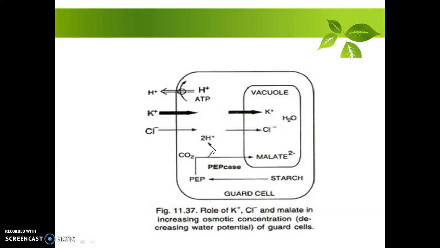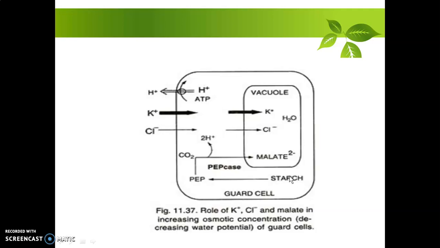This figure shows the role of potassium chloride and malate in increasing the osmotic concentration of the guard cell, as H plus ions are removed out through the H ATPase, then potassium ions and chloride ions move inside the guard cells.